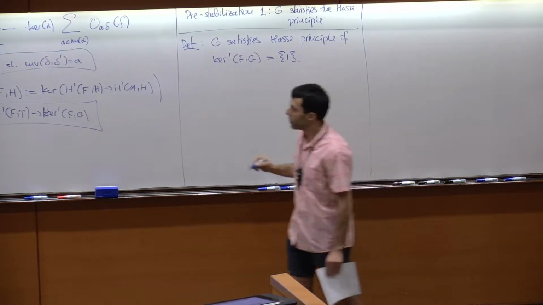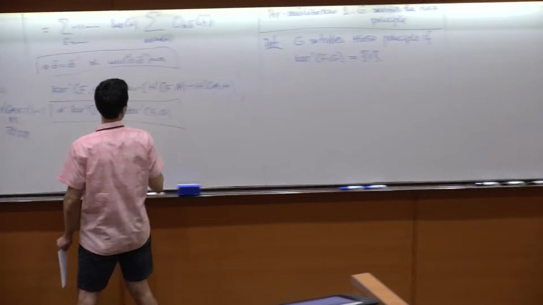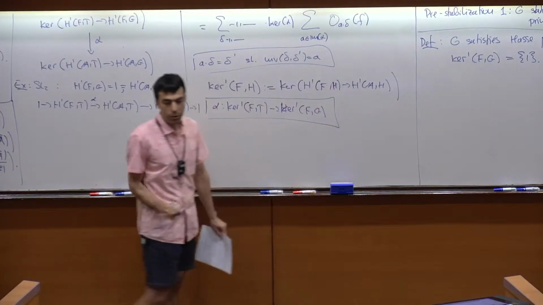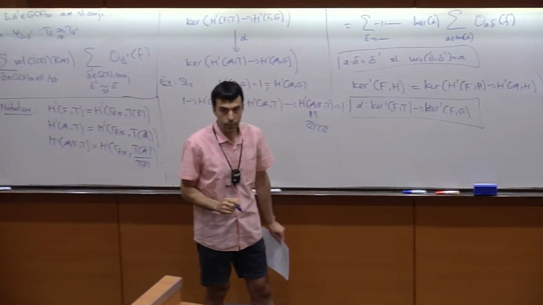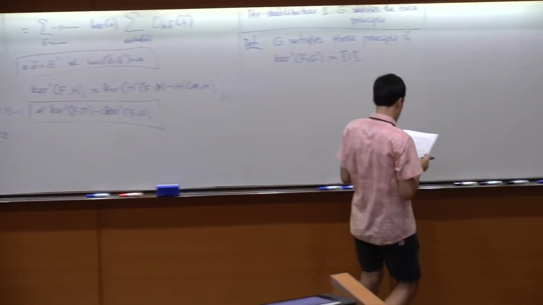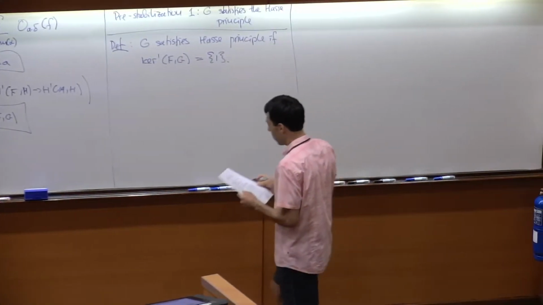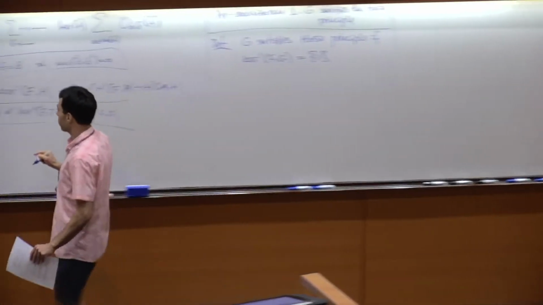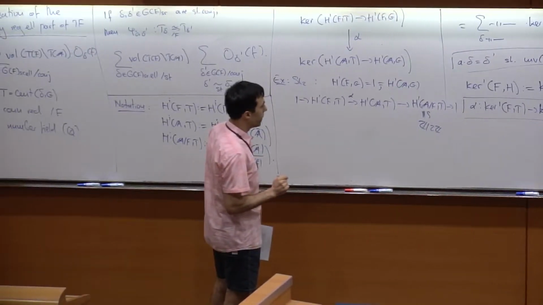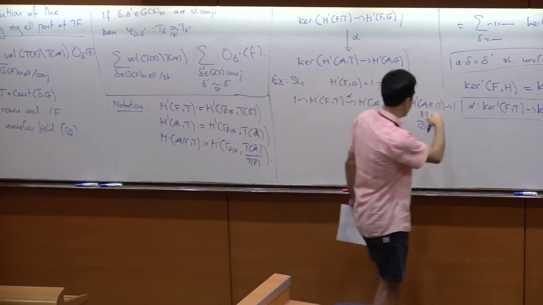In other words, the natural map from the F cohomology to the A cohomology is injective. When that is the case, we're going to do something very similar to what we did here. What did we do here?